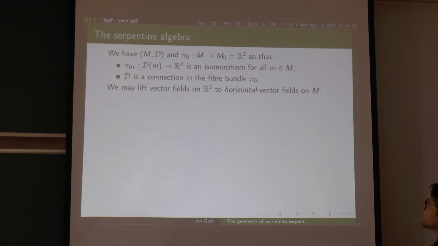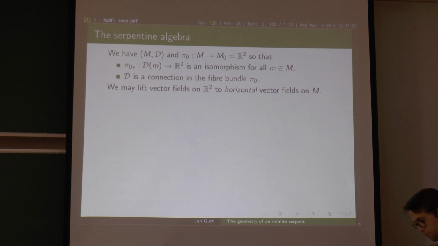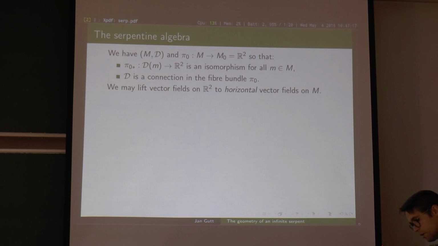What this means is that if I take any vector field on R2, so just a flow that tells me how the head would move, I can lift it to a horizontal vector field on the configuration space of the snake. So I have some configuration, I tell the head to move infinitesimally along some vector, I know how the entire configuration should move, so I can lift vector fields.